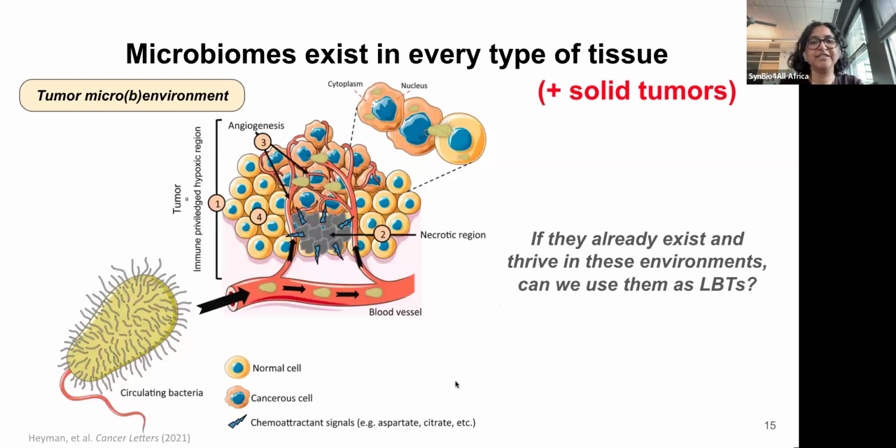They're full of different nutrients, and there are chemoattractants that pull in and grab the circulating bacteria inside the tumor mass.